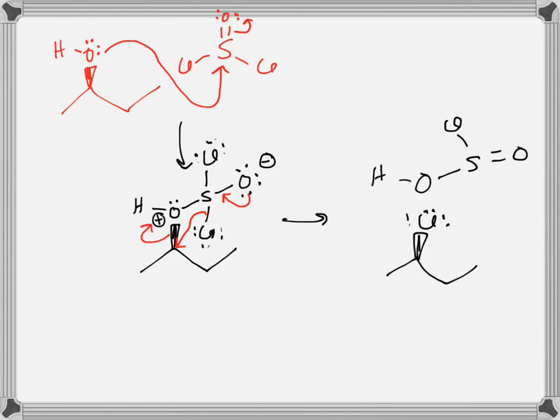It can react a second time with another alcohol. After that reaction, we generate a very unstable species, and that decomposes to form the SO2 and the HCl. That's where those 2 pieces come from. It's ultimately our thionyl chloride decomposing at a later stage.